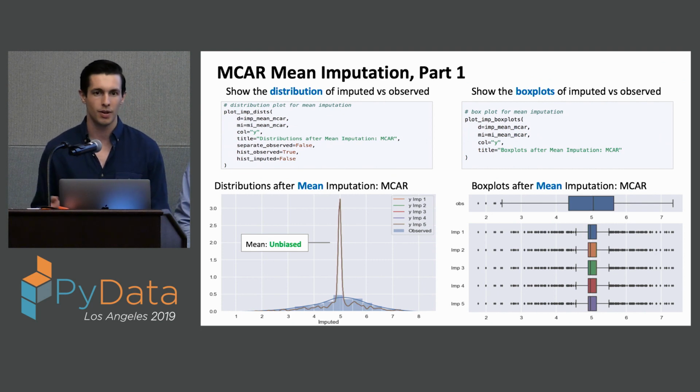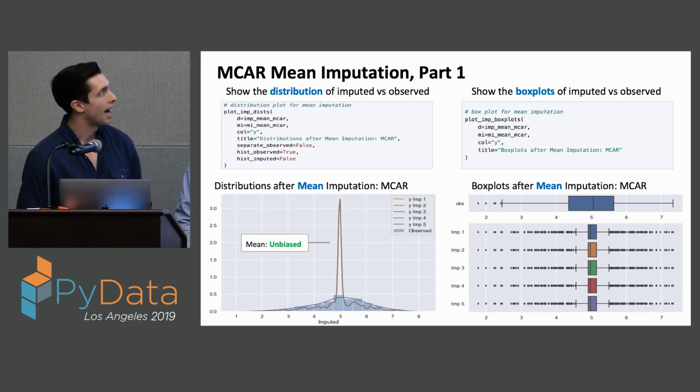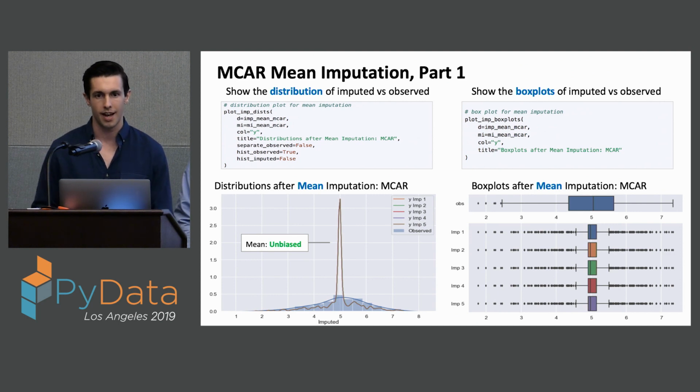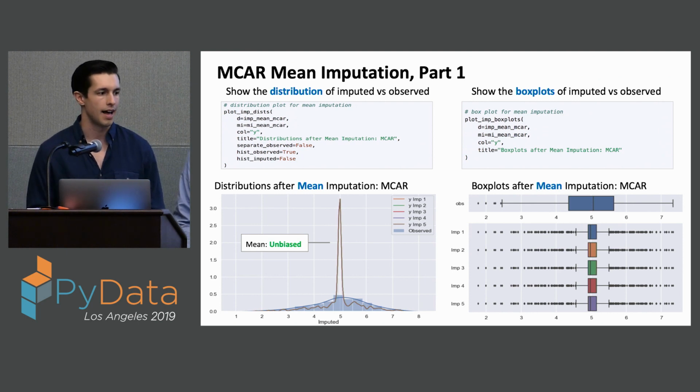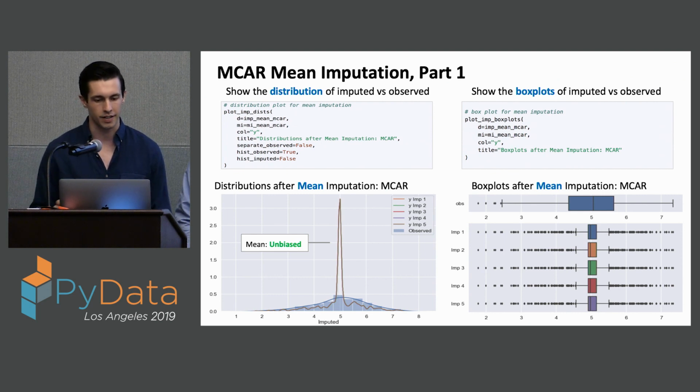We've also distorted the marginal distribution of y here, because mean imputation will shrink the variance, given that we're just imputing the mean. These 2 plots are how we visualize that. They're native to the autoimpute package, and they help us look at what imputation has done to the distribution of the imputed feature itself.